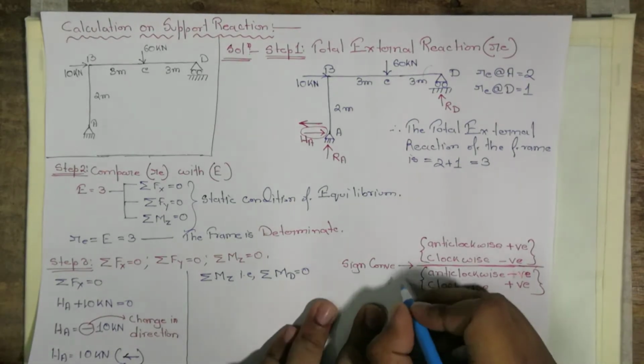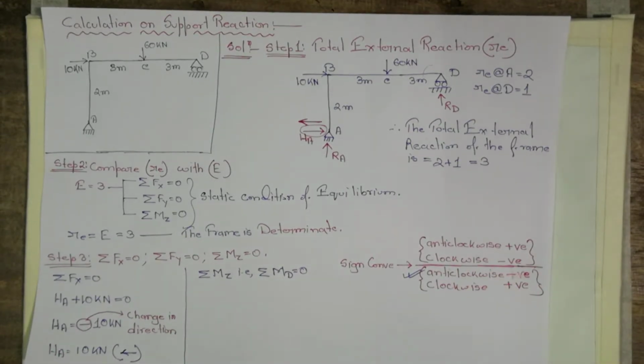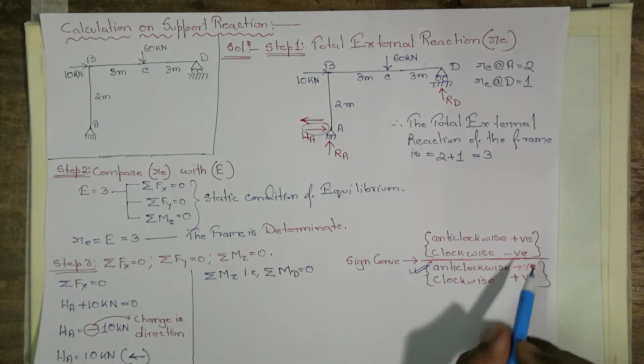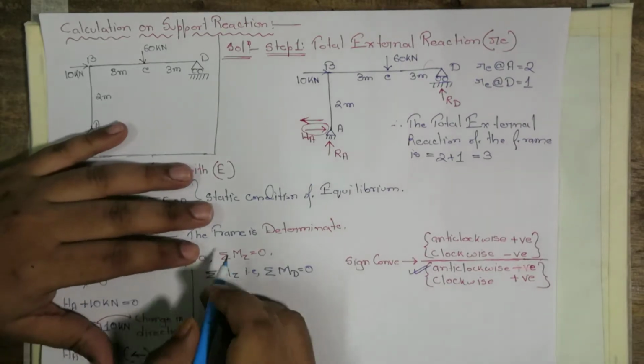For our particular case, we are going to consider the clockwise as positive and anti-clockwise as negative. If you take the upper one, that is anti-clockwise as positive and clockwise as negative, both will be the same. For our convenience, we are going for the second one. Now, I'm going to equate every moment.